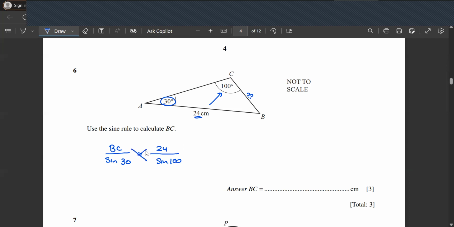Now do what? Cross multiplication. Okay, then BC equal. You can do the cross multiplication as you want. I will write the one in front of it down and then multiply them up and do it on the calculator. 24 sine 30 over sine 100.